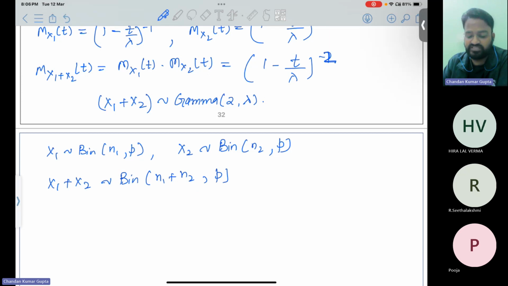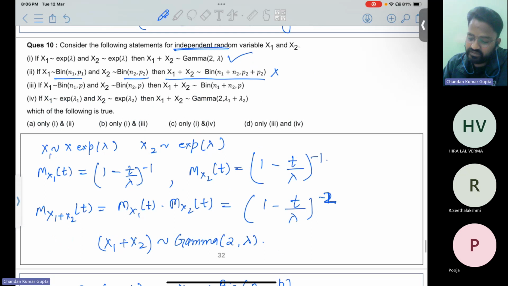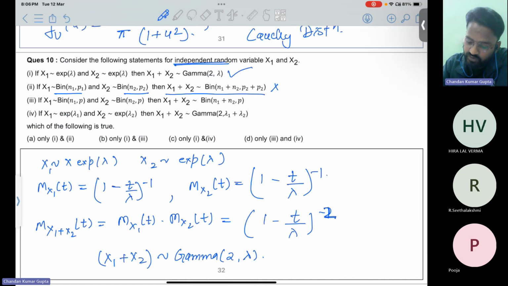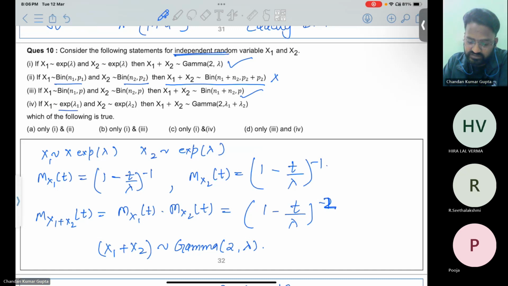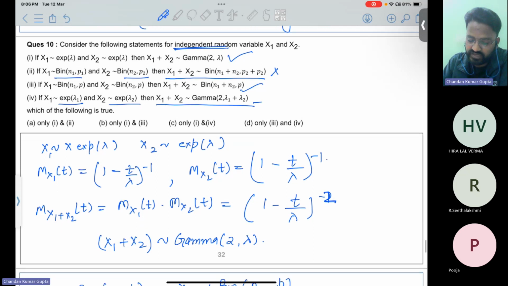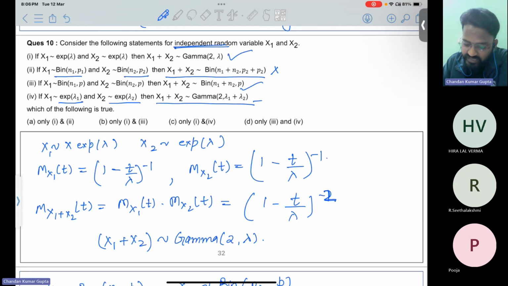The probability of success must be equal. So the second one does not hold, but the third one is the additive property of the binomial distribution. The fourth one is also not possible, because we have already discussed it previously. So the first and third are correct, and option B is the right one.